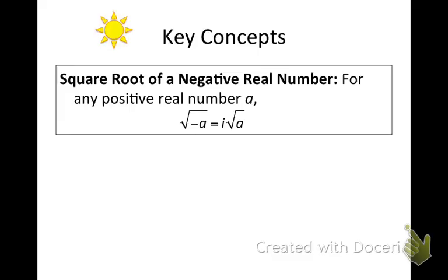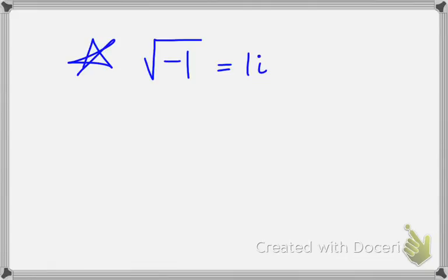This is what we need to think about when dealing with imaginary numbers. Let's just do this. This is the most important part about imaginary numbers. Make a star. If you take the square root of -1, it's going to be equal to 1i.